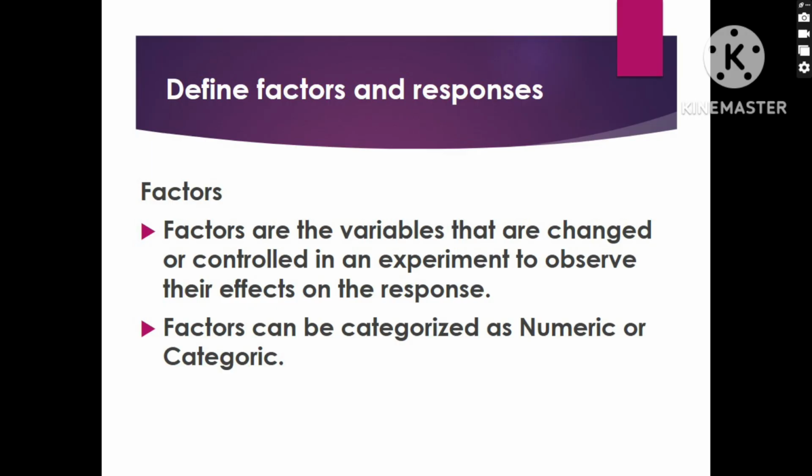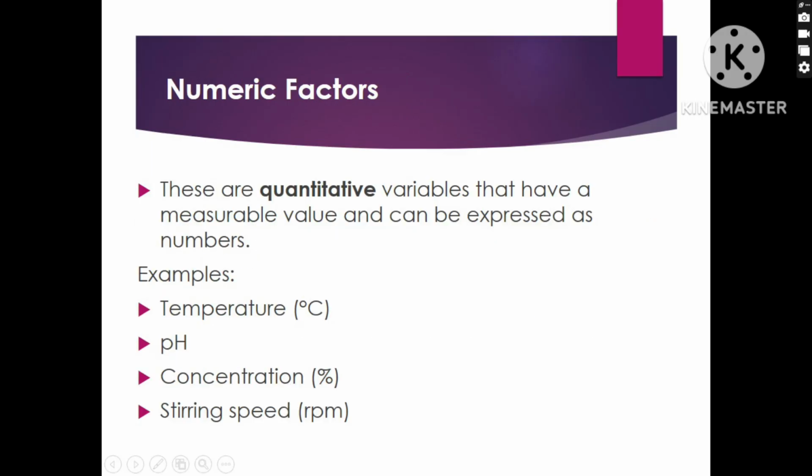Factors are the variables that are changed or controlled in an experiment to observe their effect on the responses. Factors can be characterized as numeric or categoric. Numeric factors are quantitative variables that have a measurable value and can be expressed as numbers.